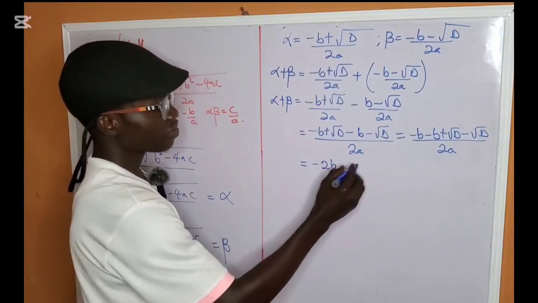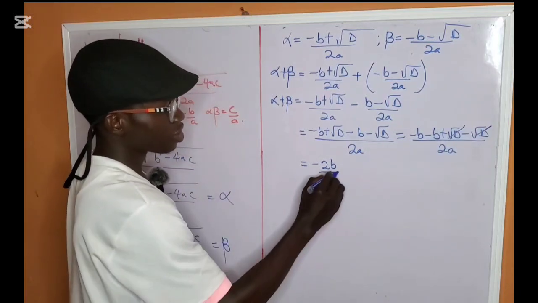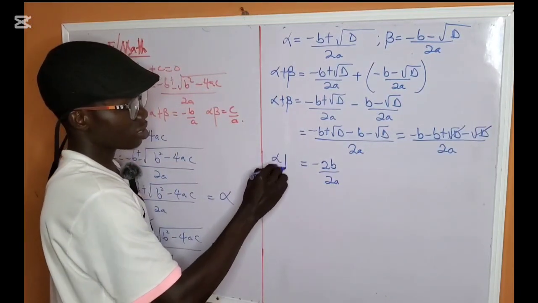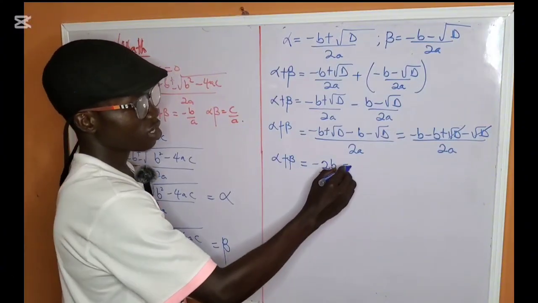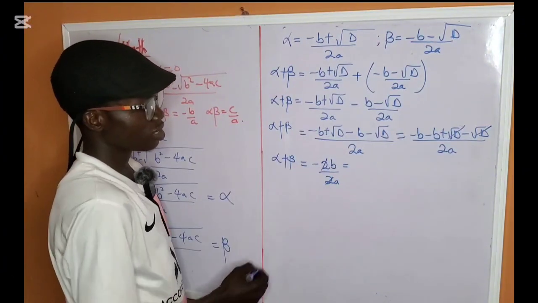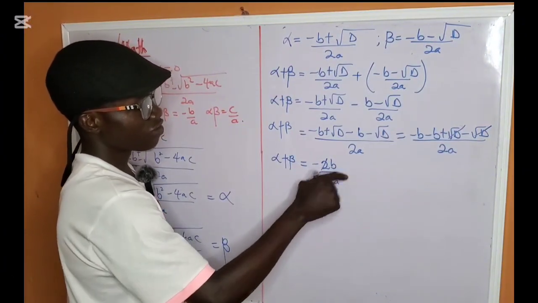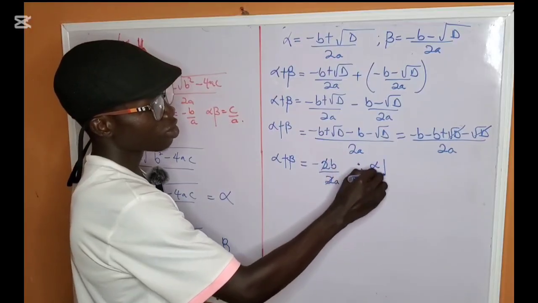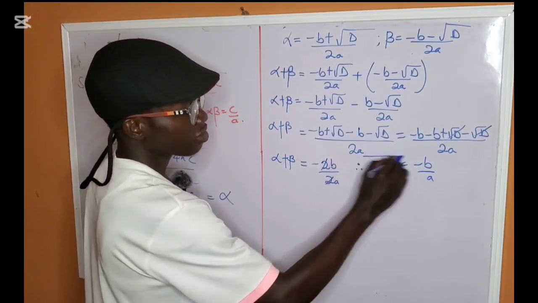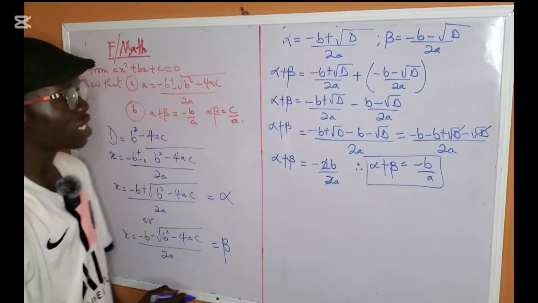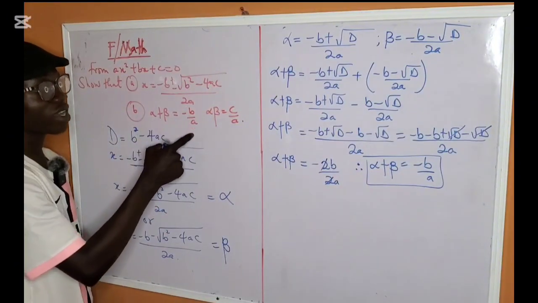So we are going to have this, we cancel this, divided by 2a. We are almost there. So therefore, 2 can cancel 2, isn't it? So therefore, alpha plus beta equals minus b over a. Fantastic. So we've gotten our alpha plus beta, which is minus b over a.